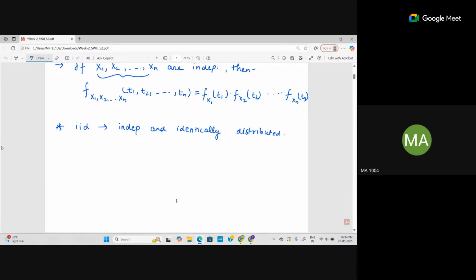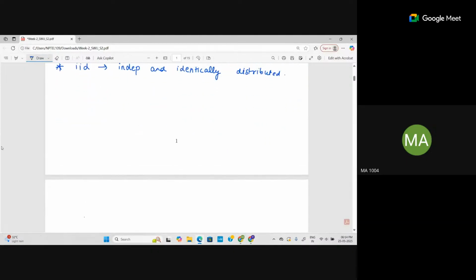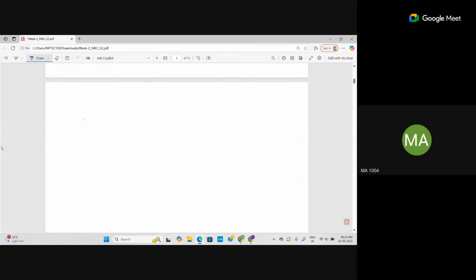And one more thing you have studied this week, which is the memoryless property. So what is the memoryless property of the geometric distribution?